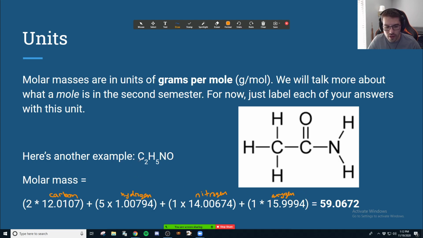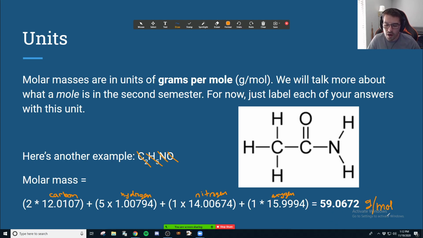Okay, so that accounts for all of my elements here: 2 carbons, 5 hydrogens, 1 nitrogen, 1 oxygen. And so your final answer there is 59.0672. And like I said, technically the units here would be grams per mole.